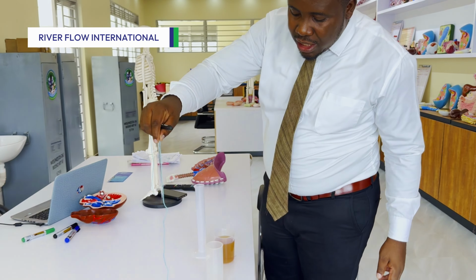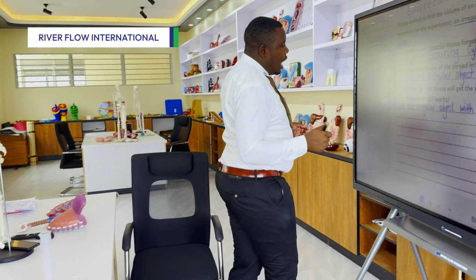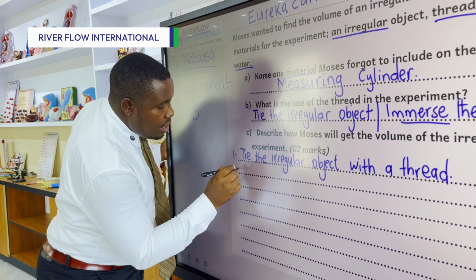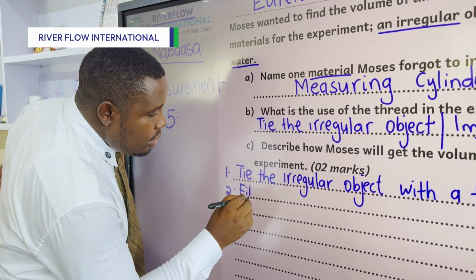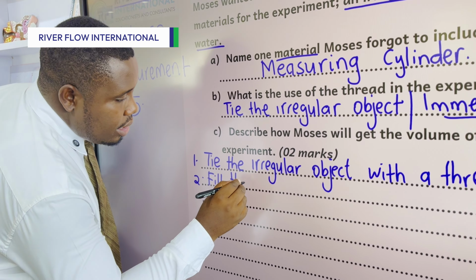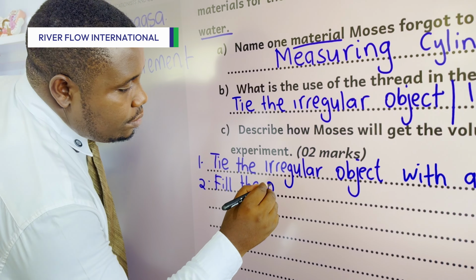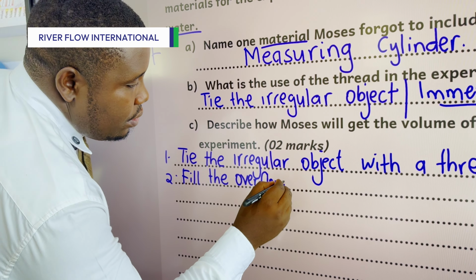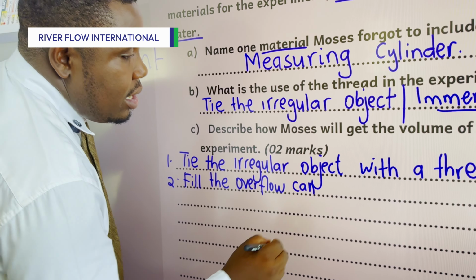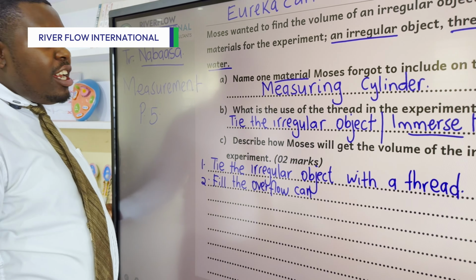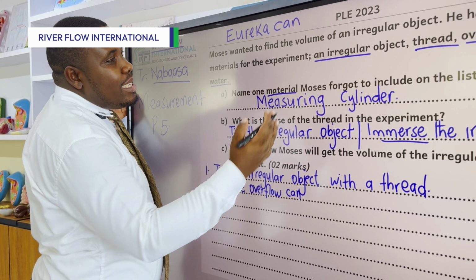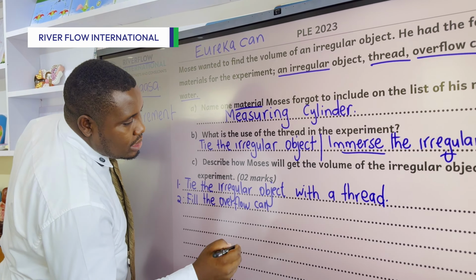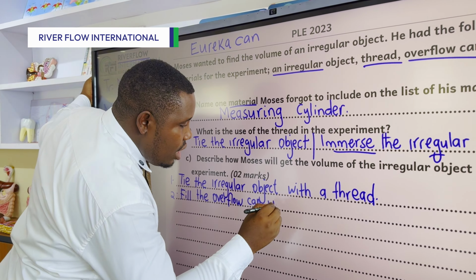Now, number 2, I'm going to say fill the overflow can with water until it starts overflowing. If they had said they had the Eureka can, I would have said Eureka can. But since they said overflow can, I'm going to use the same words.